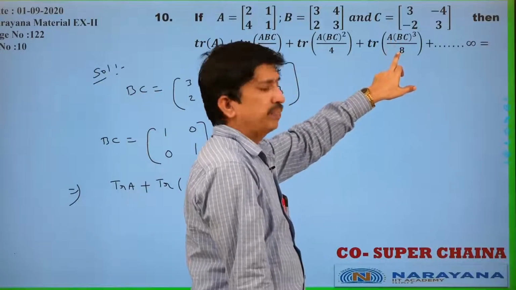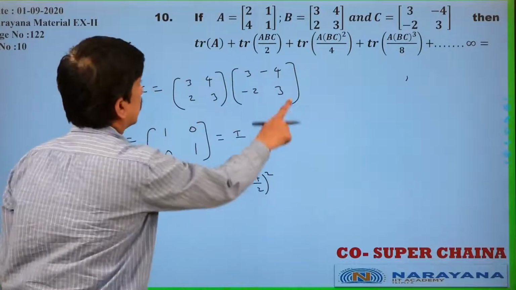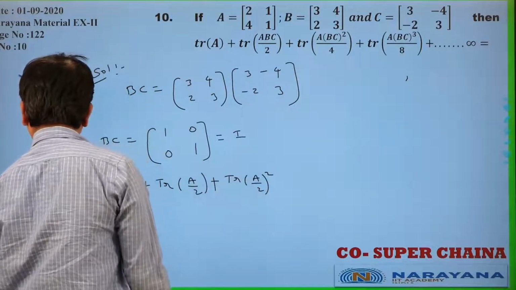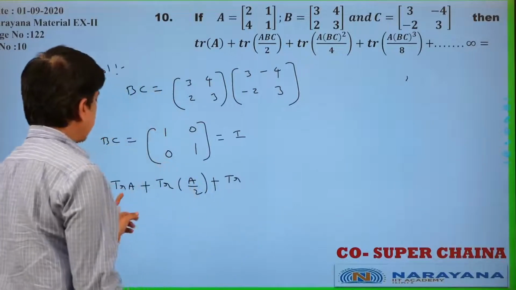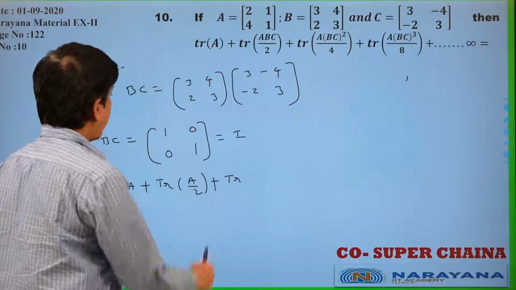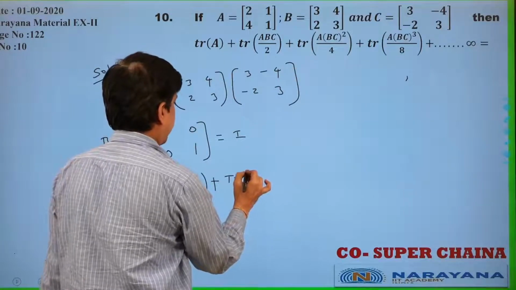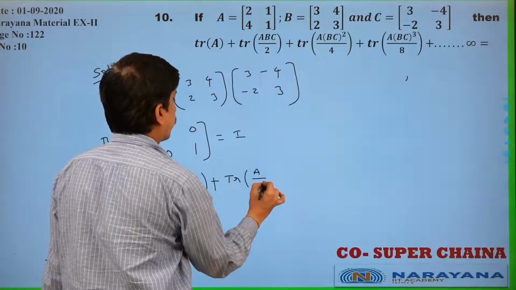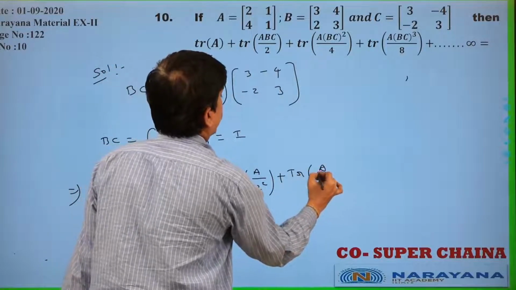This is not A square, correct that one. Is it clear? Now, trace of A by 2 and trace of A by 2 square, plus trace of A by 2 cube.